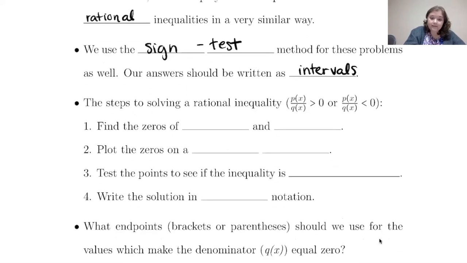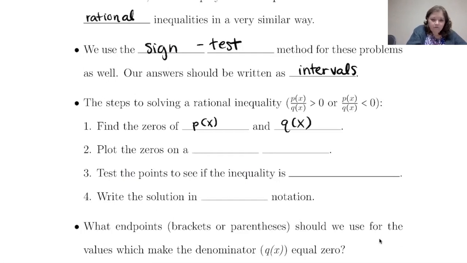Okay. So the 4 steps to this sign test method are pretty much the same. The difference is in step 1, we're going to find those zeros at the top of the fraction and the bottom of the fraction, instead of just having a polynomial, since we have a rational inequality there. So find the zeros at the top, p of x, and the bottom, q of x.